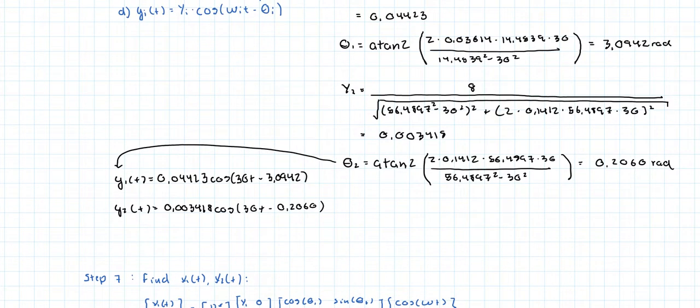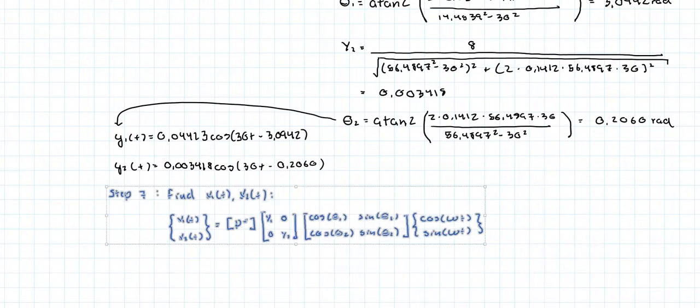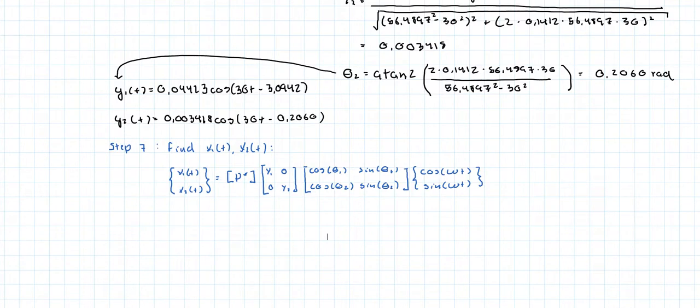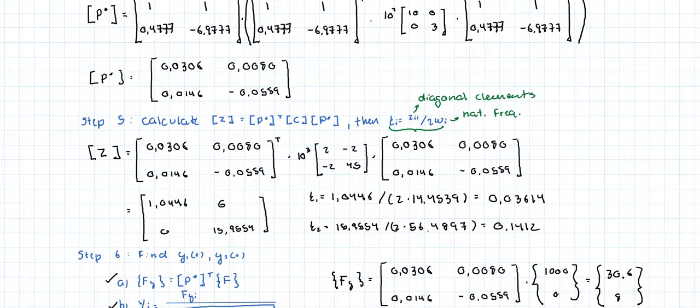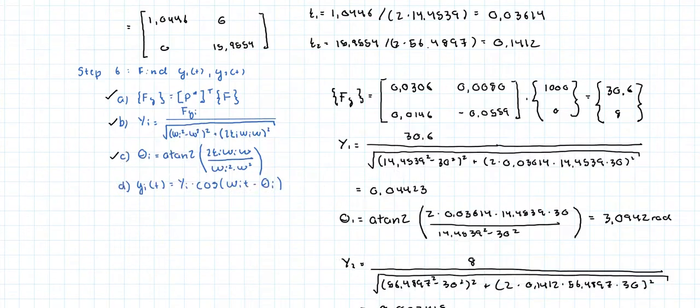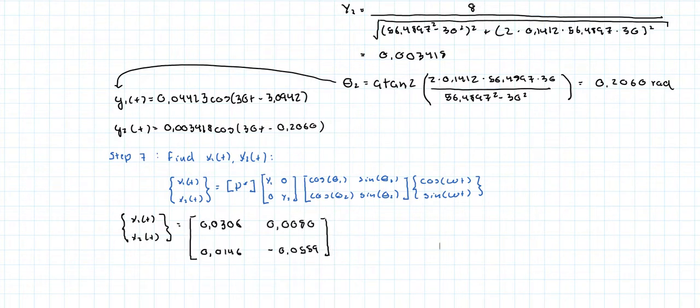One last step. So we need the P star matrix. We have a diagonal amplitude vector.